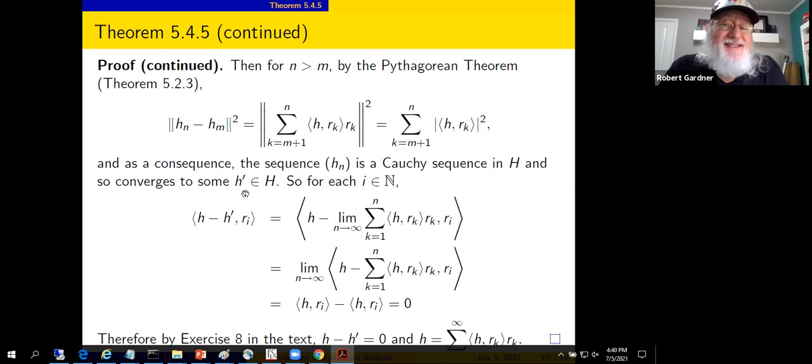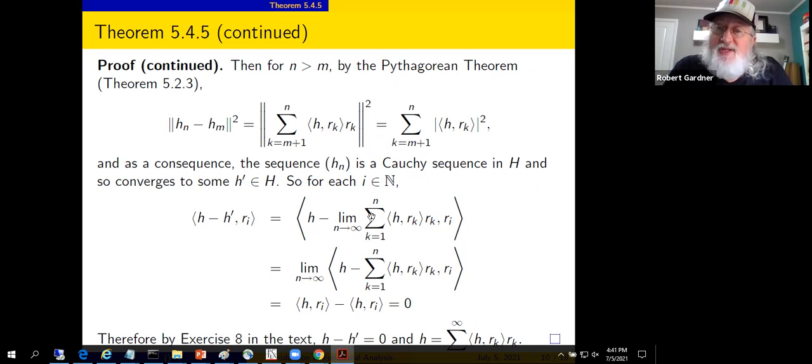We want to show that it's the H that was introduced at the beginning. But I know it converges to something. Call it H prime. Now, if we'll take H minus H prime, we've introduced H prime to be the limit of this sequence of partial sums.